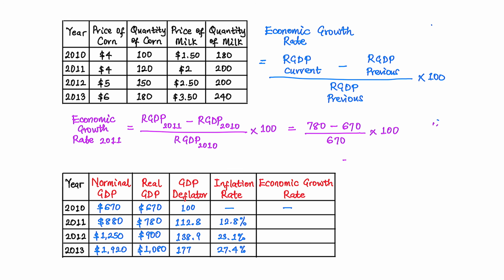So simplifying, we have equals 780 minus 670, that's 110, divided by 670 times 100. So that equals 110 divided by 670, that's 0.164 times 100.